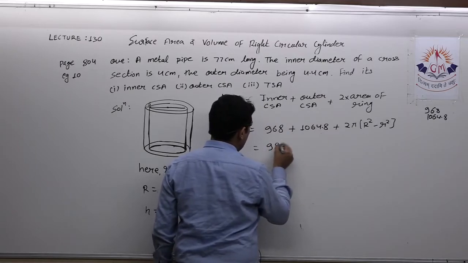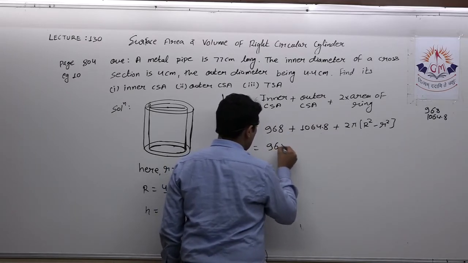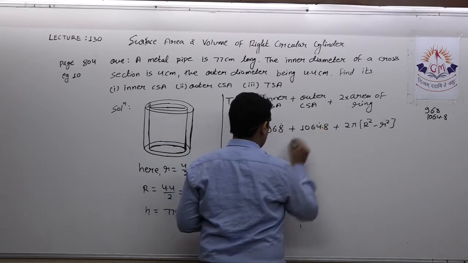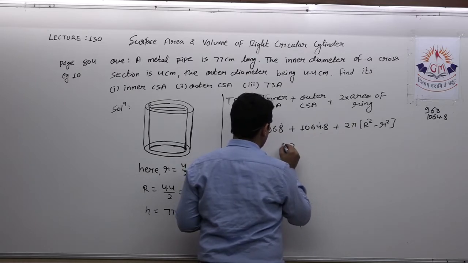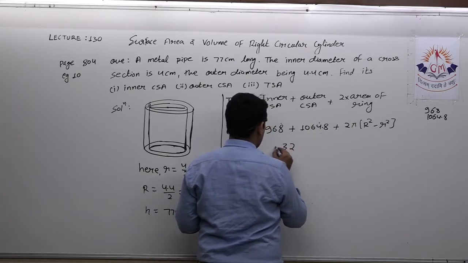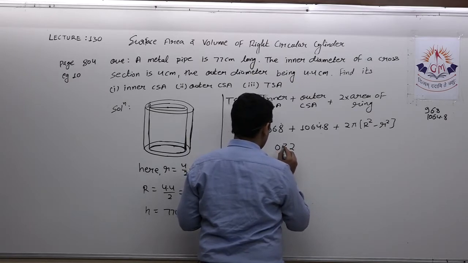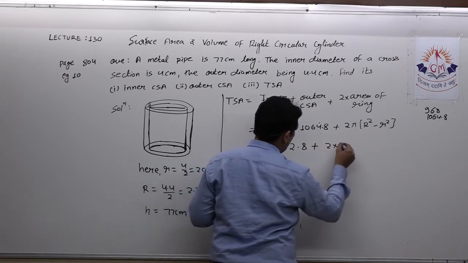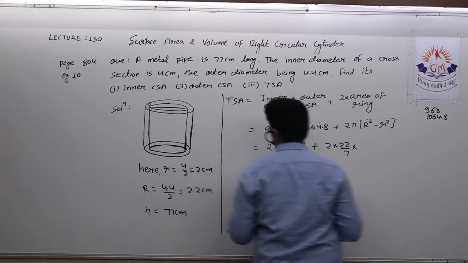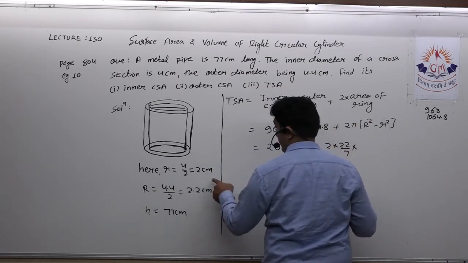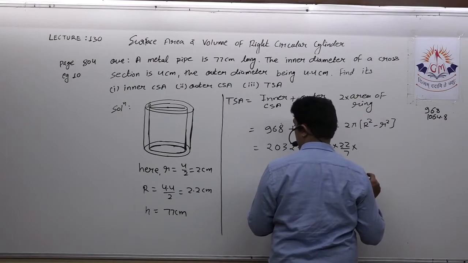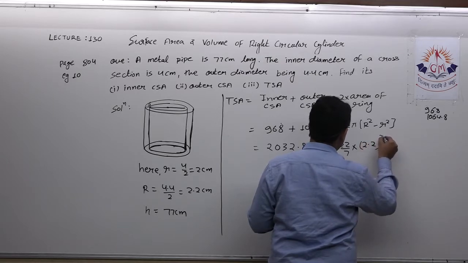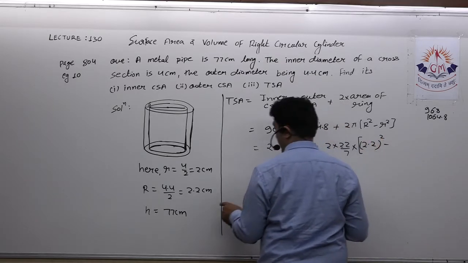That is 968 plus, or better to add these two, 2032.8 plus 2 into 22 upon 7 into, now capital R is 2.2, 2.2 square minus small r is 2 square.